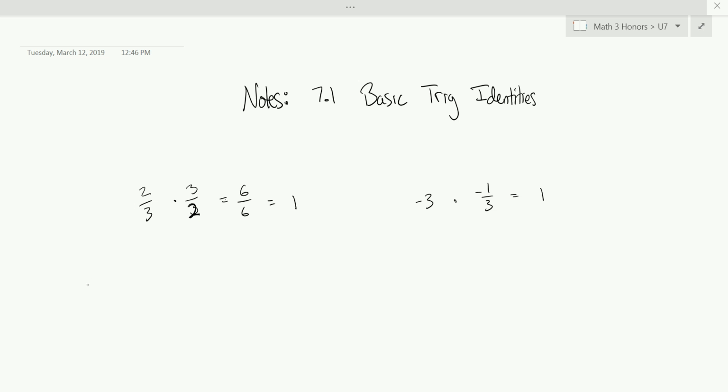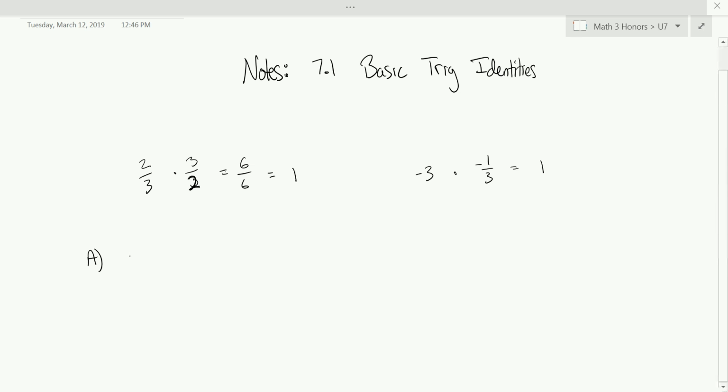So our first example here, we want to simplify the secant of theta times the cosine of theta. Well, the secant of theta and the cosine of theta are reciprocals of each other. And whenever you multiply reciprocals of each other, you get 1. And so look out for the reciprocals.